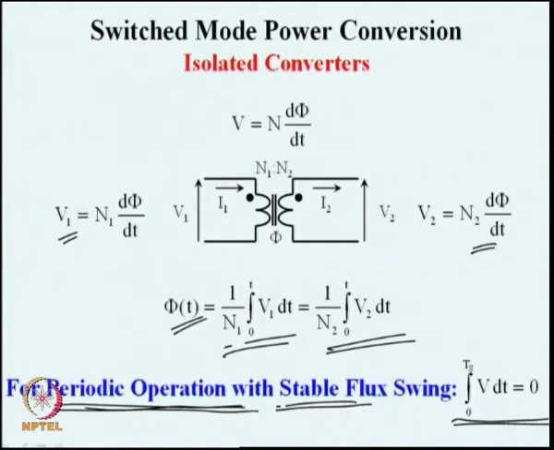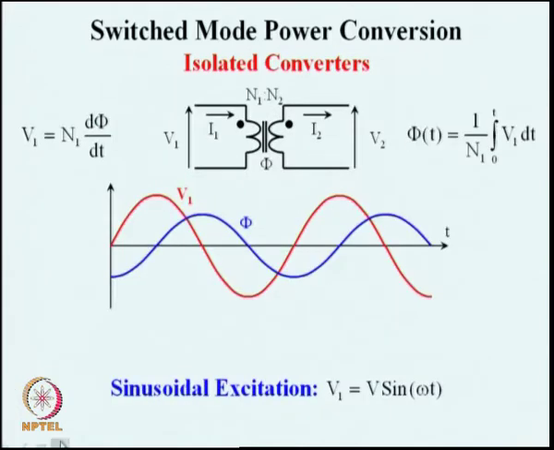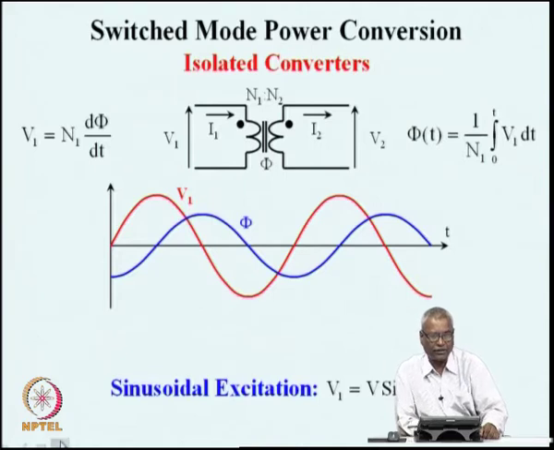Now, this is the principle of flux balance. If the flux has to remain stable, then over a period the volt second integral applied to that transformer has to be 0. Now, let us see how this is seen in the standard sinusoidal excitation case.